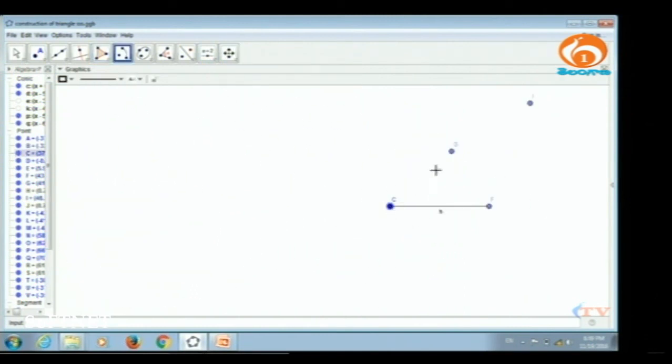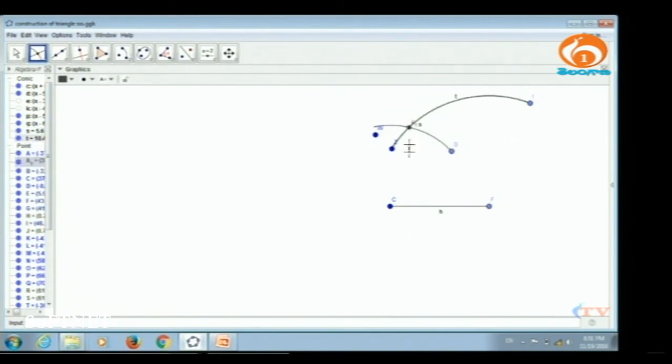We are drawing an arc with center B and the radius 5.5 and another arc with the center C and with the radius 7.5 centimeters. Therefore, when we draw these arcs, they are intersecting at this point. When we take the intersection point of these two, we get a point over here.